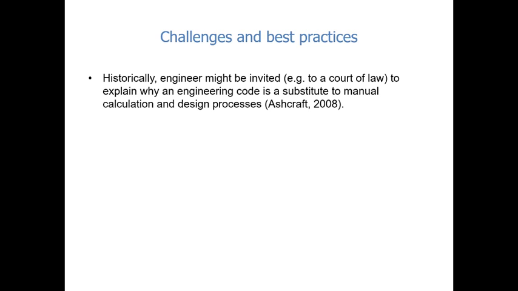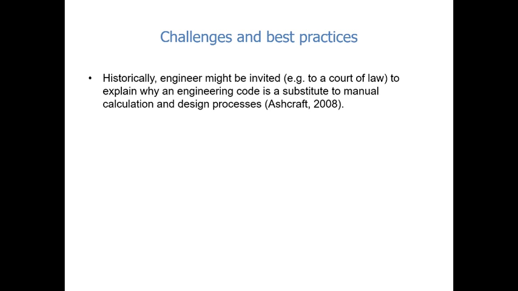Historically speaking, from a litigation point of view, engineers might be invited to a court of law to explain why engineering code was substituted for manual calculation. That's a reality in design processes. They may be invited to stand and justify to the judge why the engineering code was used, if something happens or a building collapses.